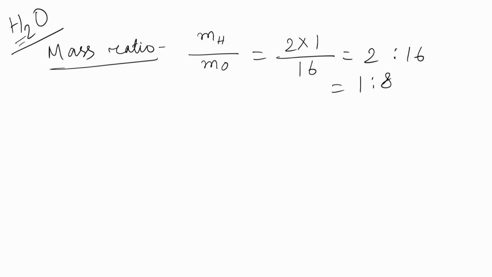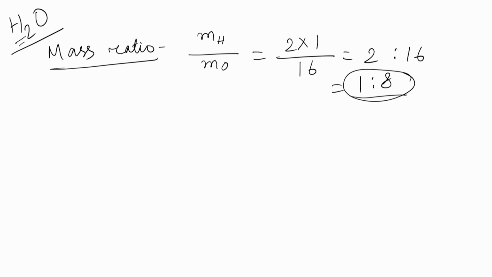This ratio will remain constant for every molecule of water, no matter from where it is collected or how it is produced. The ratio of mass of hydrogen to oxygen in a water molecule will always be 1:8.